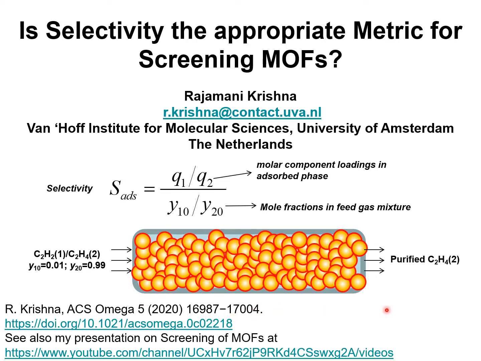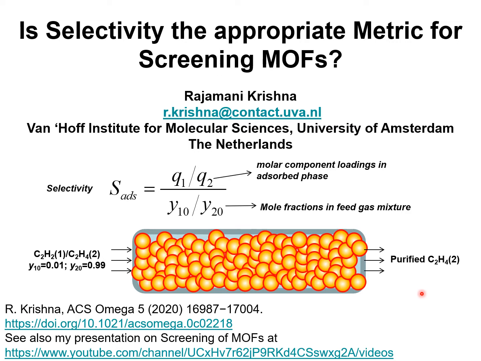It is desirable to select a MOF that yields ethene of the required purity with the highest productivity.